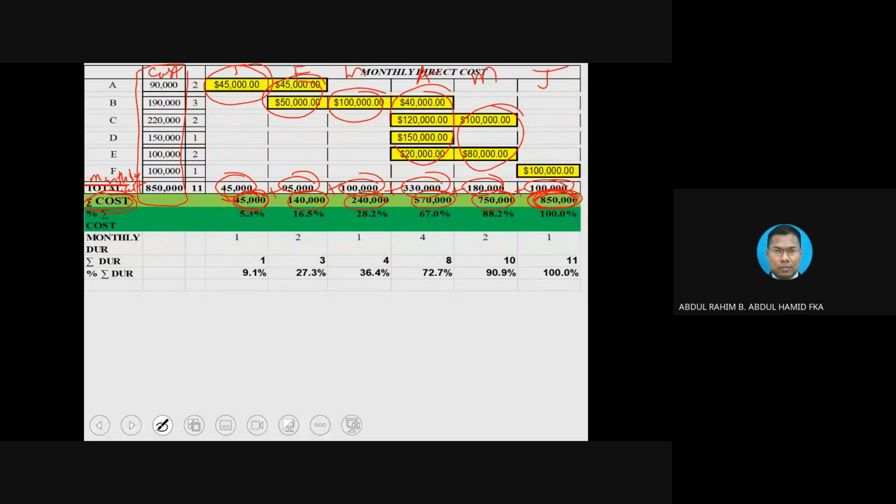And you notice the last one, 850,000, after we do the cumulative cost, it is going to be equivalent to this one. It should be equivalent. Later on, when you do the cash flow calculation, there are a few checks to indicate whether your calculation is right or not. One of them is here.